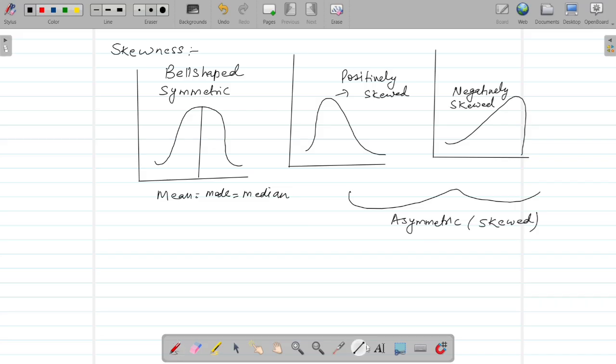So in this case, the highest peak point represents the mode value. Okay. So next you will have the mean, right? And in this case, the highest peak value here would be your mode.